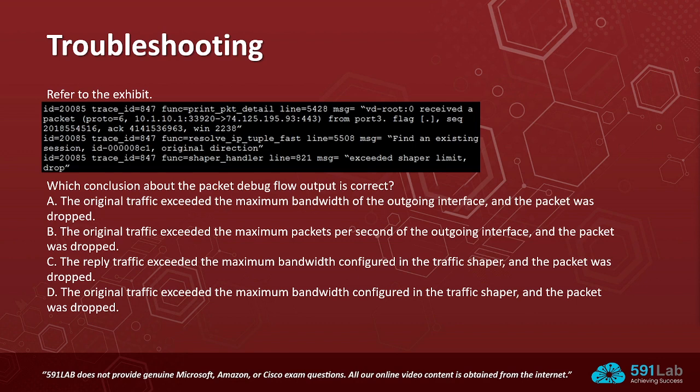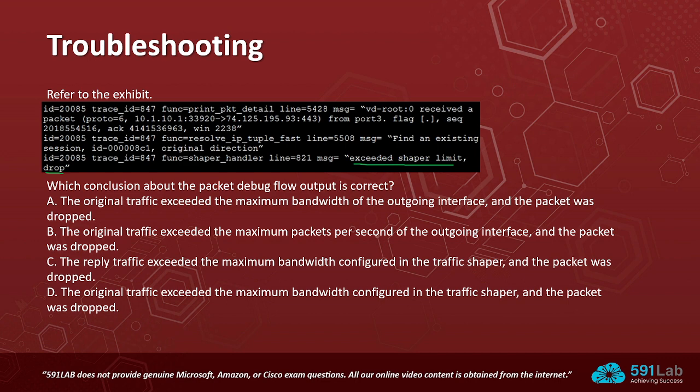It says that it found an existing session and made a match with a shaper, and the message that it gave us is that the shaper was exceeded and the packet was dropped.